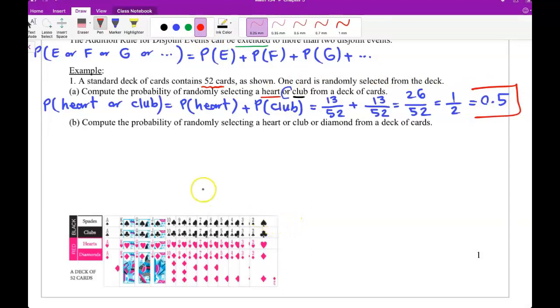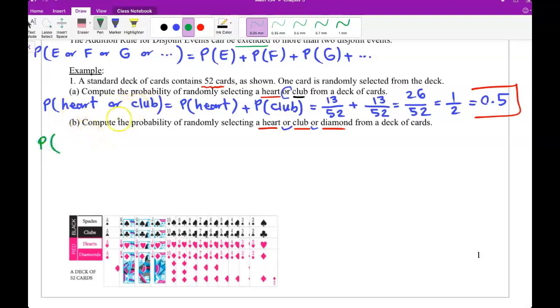Now part B, compute the probability of randomly selecting a heart or club or diamond. Again, here we have or in between, but we have 3 events. Exactly the same as the previous part.